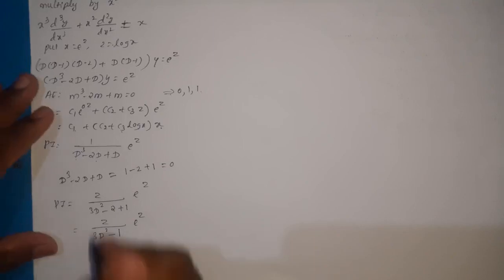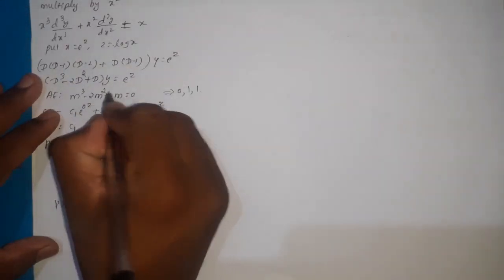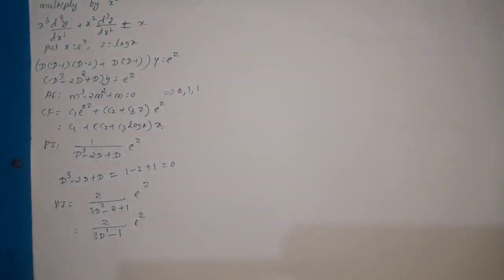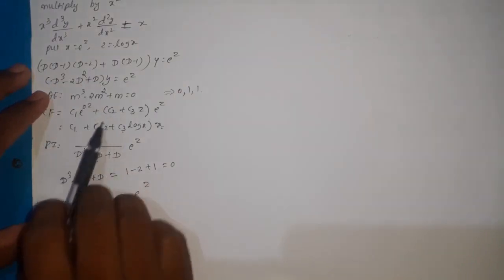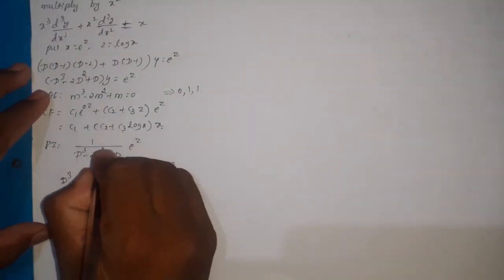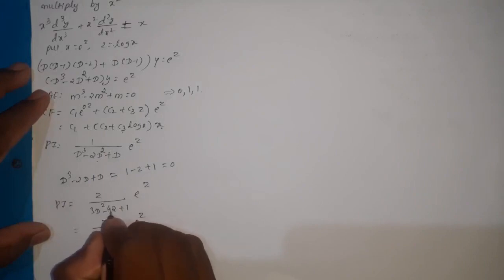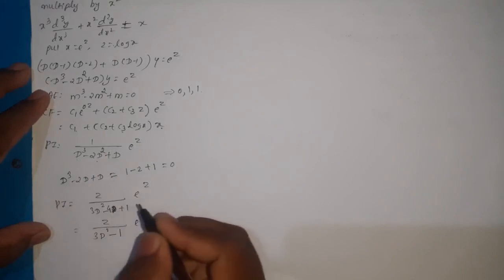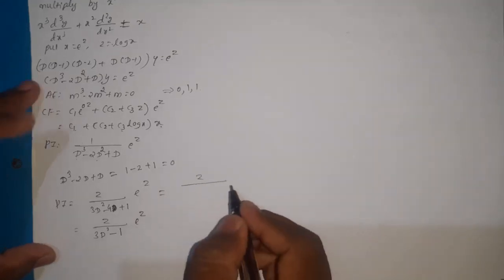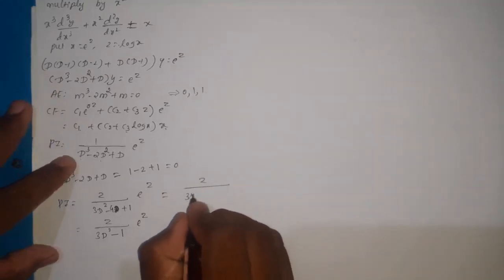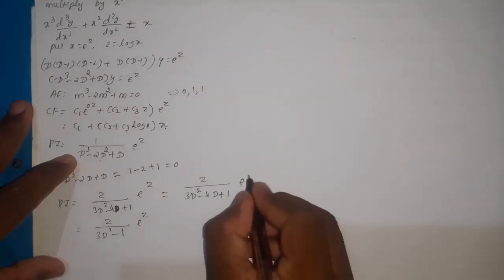So here this is not 2d, this is 2d square. Here d cube minus 2d square plus d, and this is 2d square, then here its derivative is 4d. So here this is equal to z divided by 3d square minus 4d plus 1, e power z.